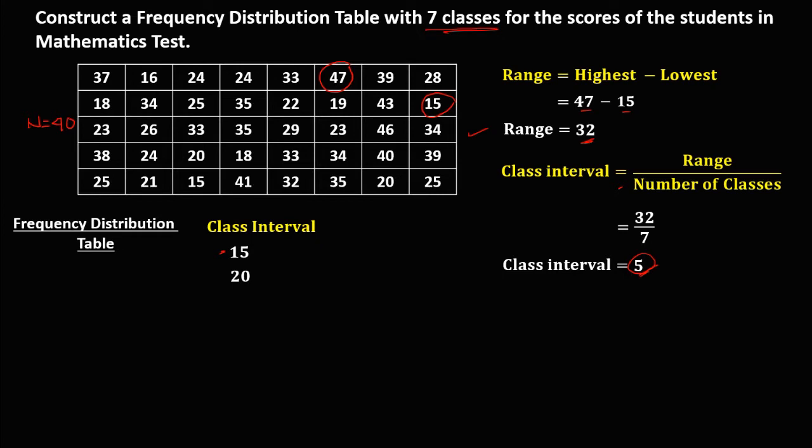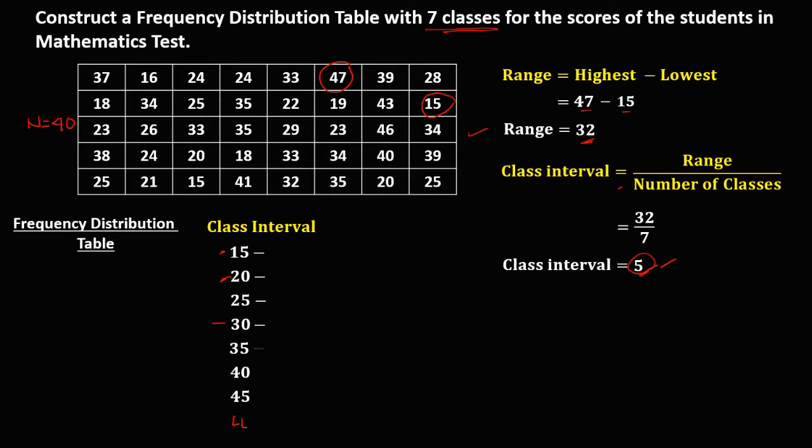The third class, 20 plus 5, is 25. The fourth class, 25 plus 5, is 30. The fifth class, 30 plus 5, is 35. The sixth class, 35 plus 5, is 40. And the seventh class, 40 plus 5, is 45. These are the lower limits of the 7 classes.